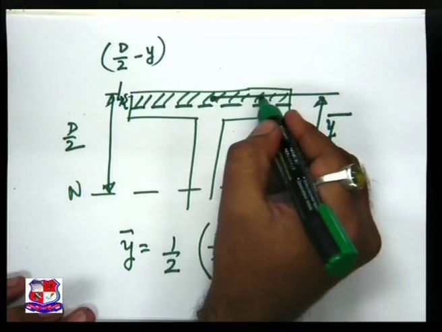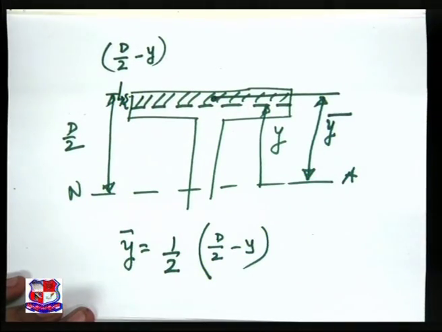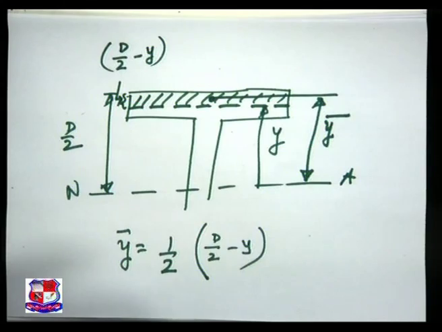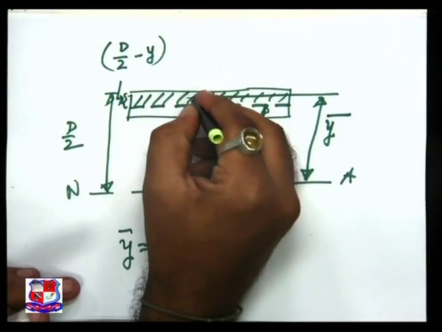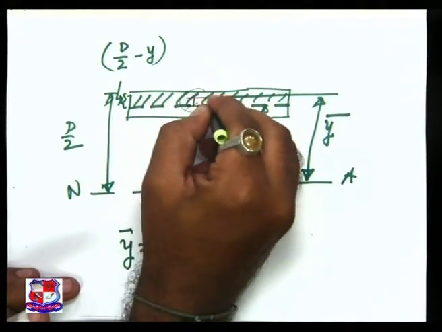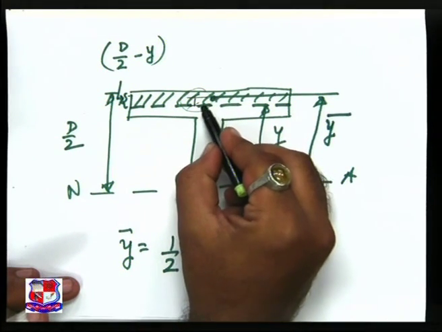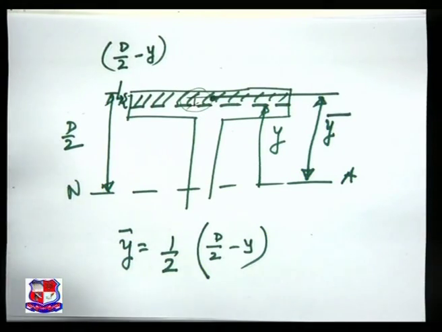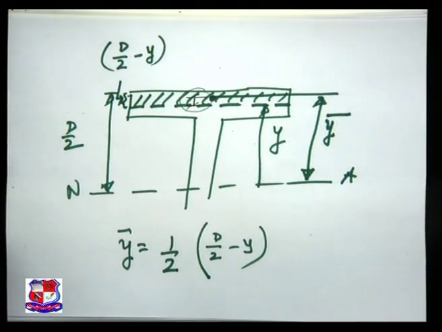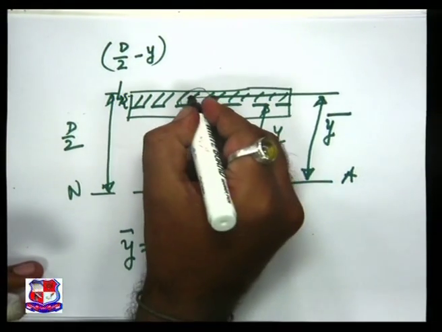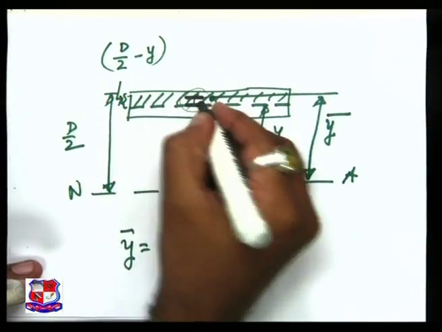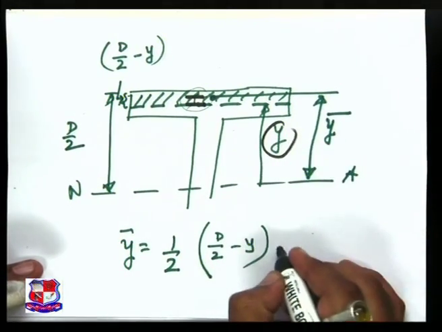What is this distance? It is the distance from the centroid to the bottom fiber, this one. If I use another color pen, it is this distance plus the additional y.